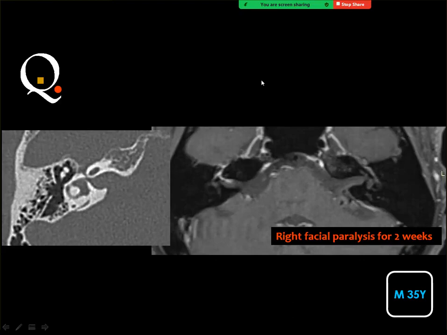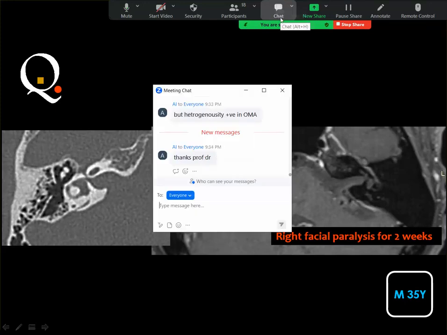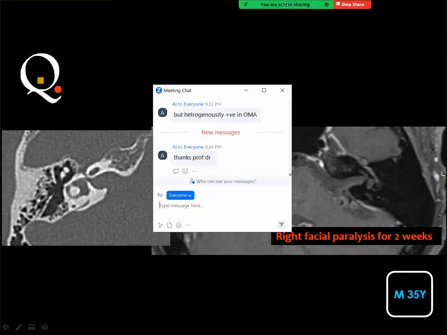It can be homogeneous, it can be heterogeneous, and the Warthin tumor contains a solid component and a cystic component. The age is important, and the history of cigarette smoking or smoking in general is important also. Then what do you think about this case? Thank you.